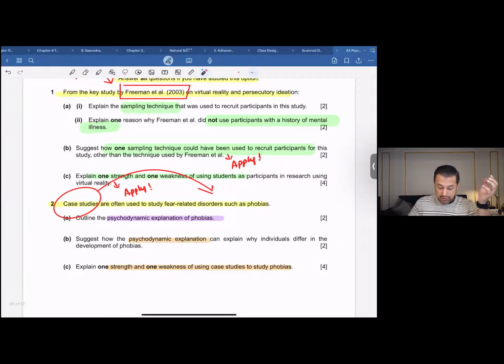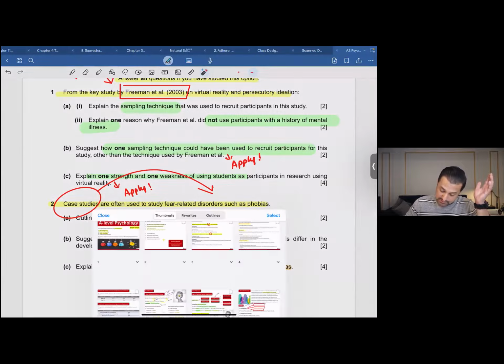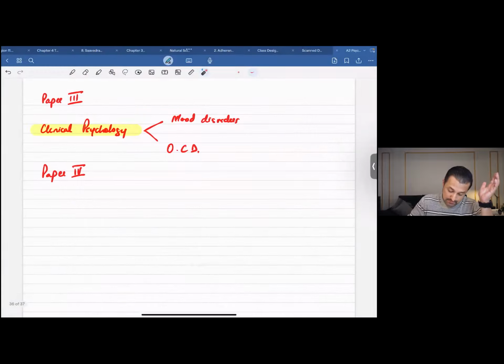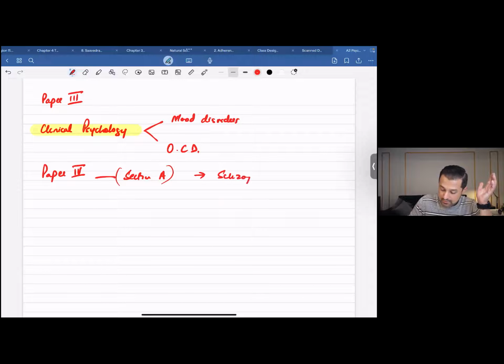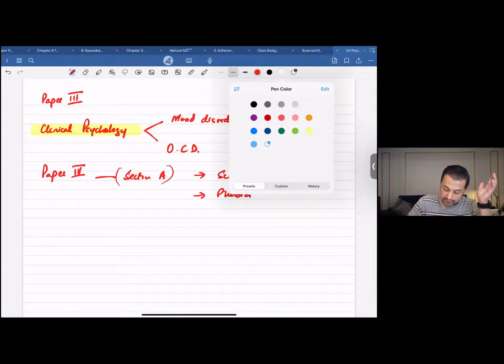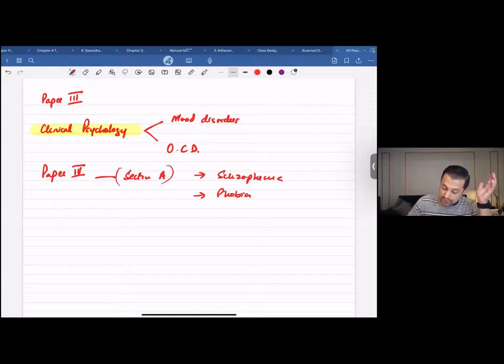So in paper 4, section A, you've been tested on schizophrenia and phobias.